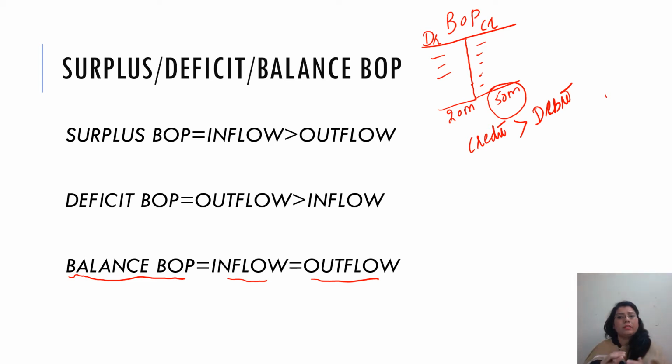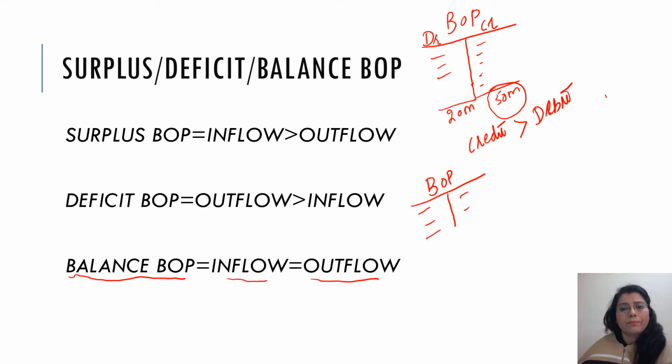Deficit balance of payment is the opposite of surplus balance of payment. When a lot of money is going out of our country, more than the money coming into our country. Take the example: we record entries and here the debit side is 30 million.